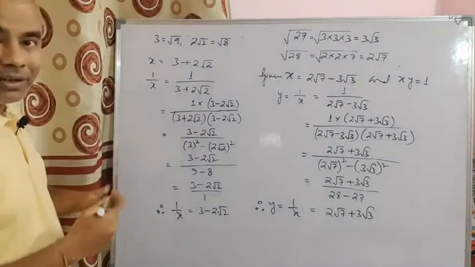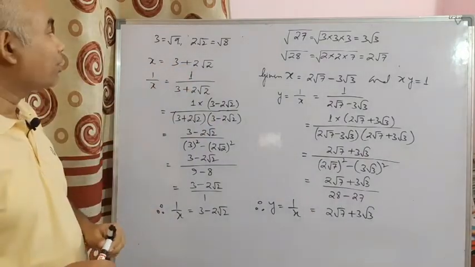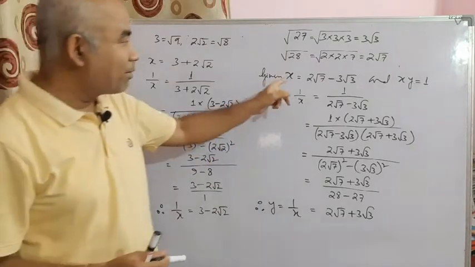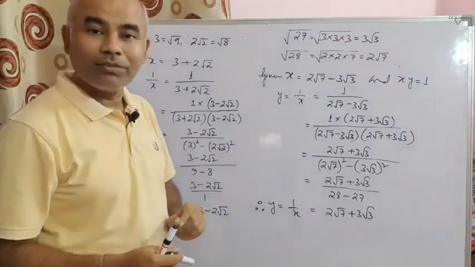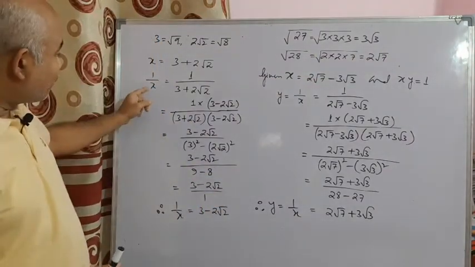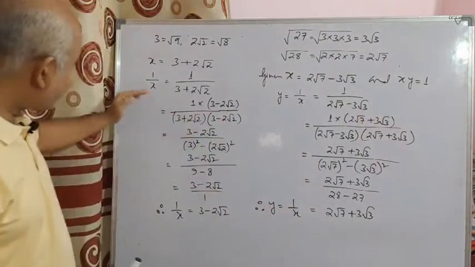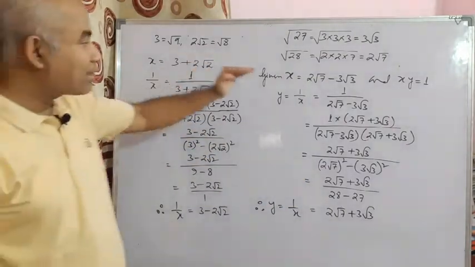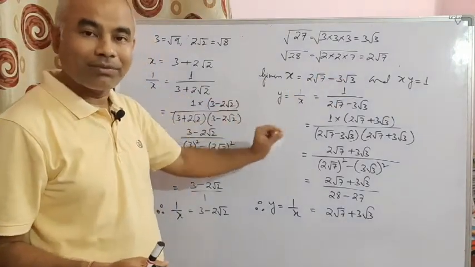That means here x has two terms, which are the square roots of two consecutive natural numbers. Exactly the same thing here: x has two terms which are the square roots of two consecutive natural numbers. Now when you find out 1 by x, in this example it is directly 1 by x, and in this example 1 by x is y, because x into y is equal to 1.